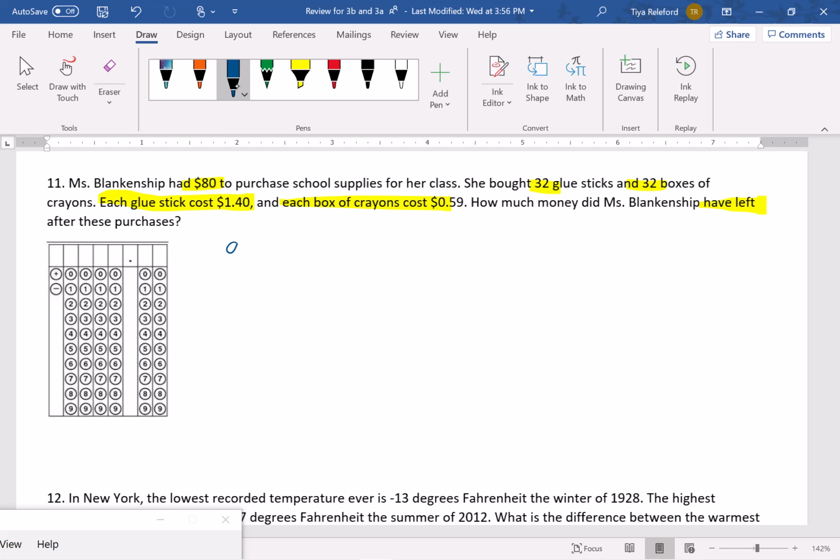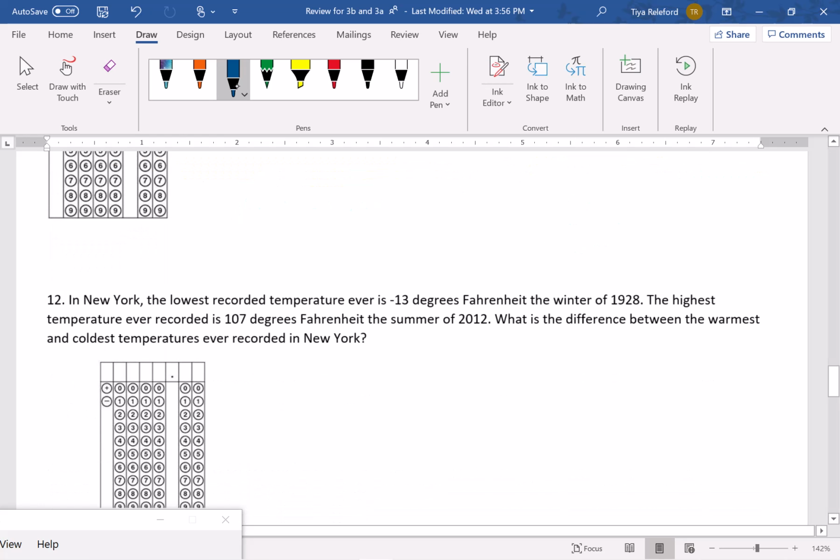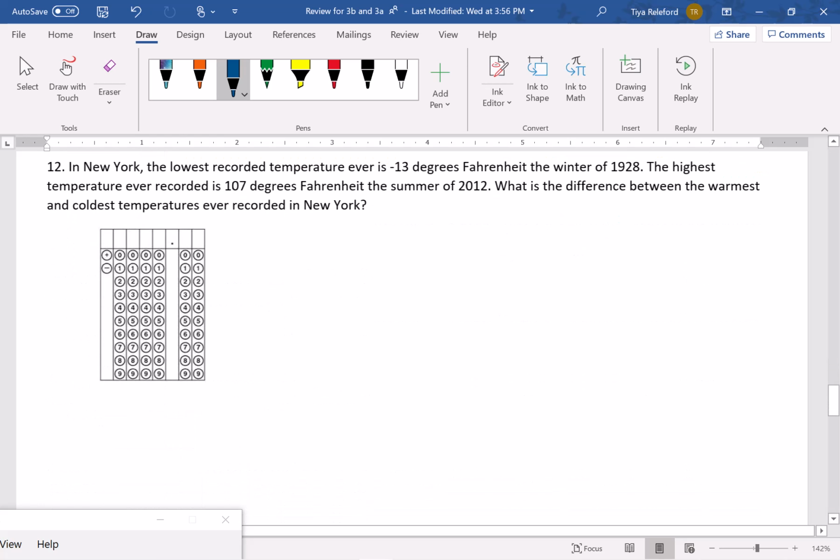So multiply to find out how much money she spent on glue, how much money she spent on crayons. You're going to add those together. And then have left means you're going to subtract 80 minus how much she spent. Careful with your decimal places.